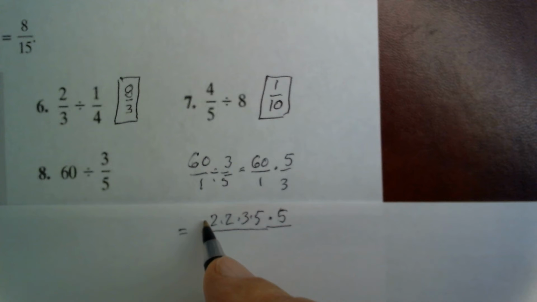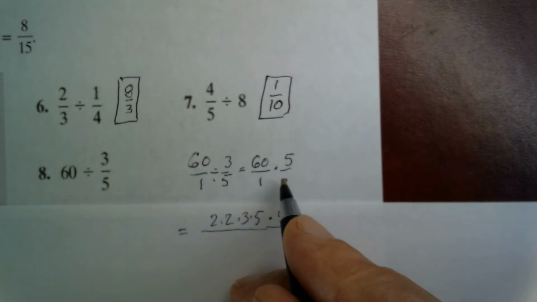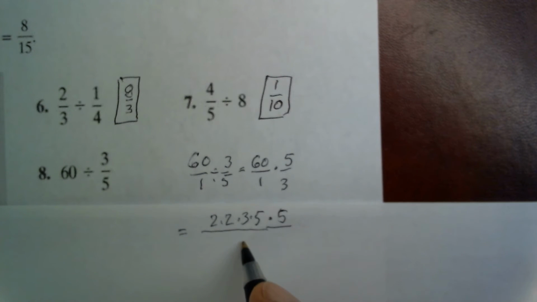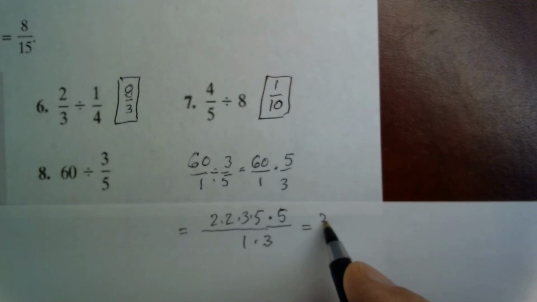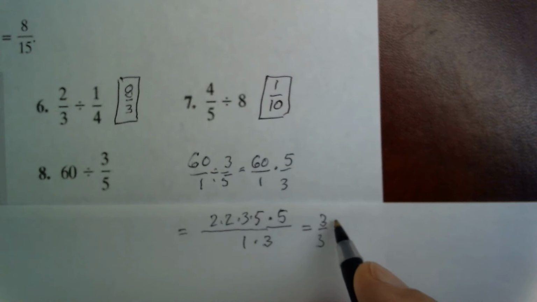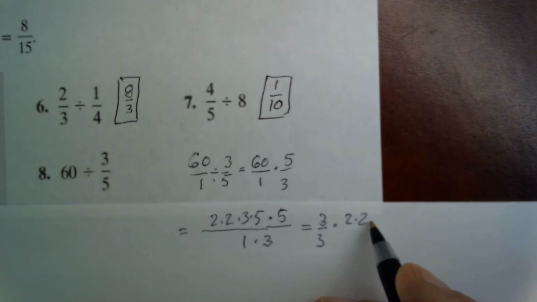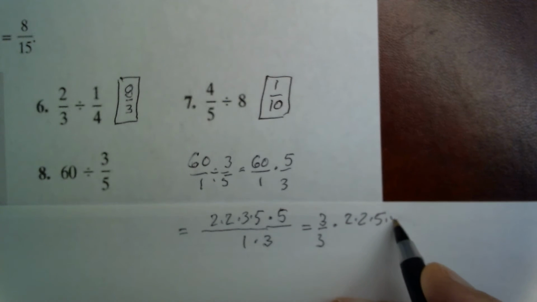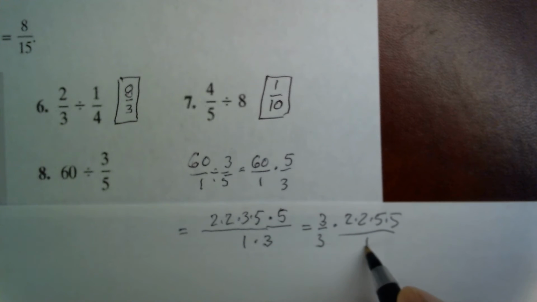So that's the prime factorization of 60 times this 5 here, divided by 1 times 3, which we can then write as 3 divided by 3 times 2 times 2 times 5 times 5 divided by 1.